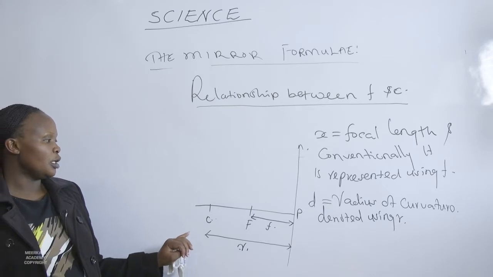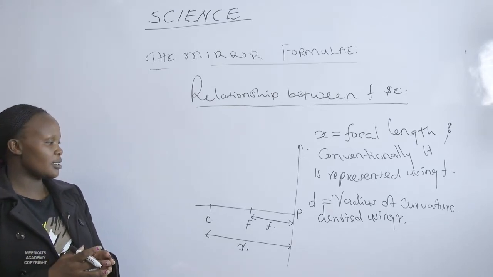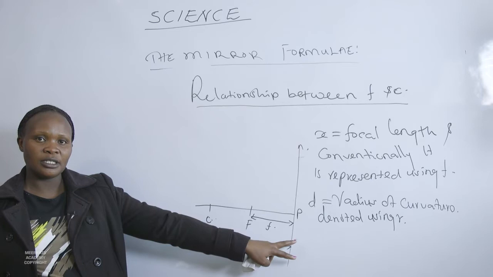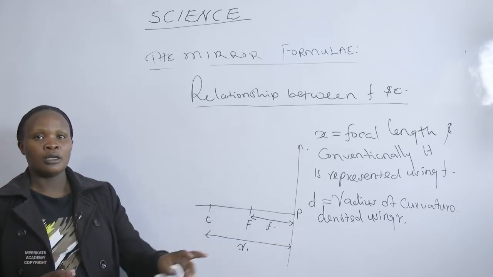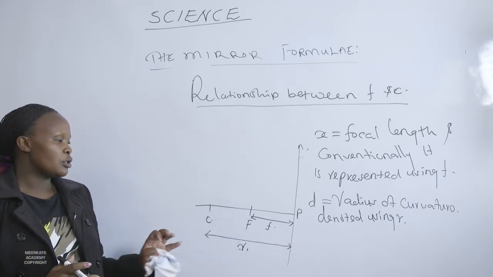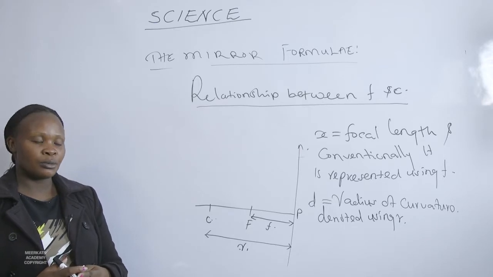Now, we said that distances should always be determined from the reflecting surface to wherever it is that you want to measure.